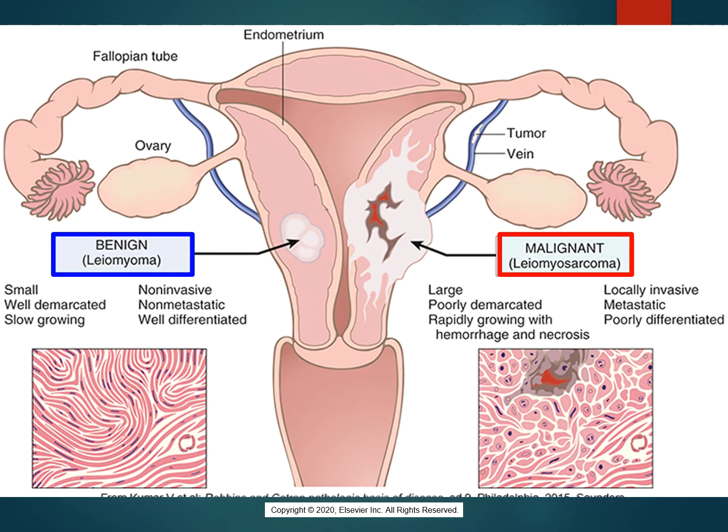It can press against things, and it can cause pain. That's a good point. While it's not going to escape through the basement membrane or into another compartment, it can still cause serious problems, and oftentimes we do need to have those removed because of the issues that they cause.